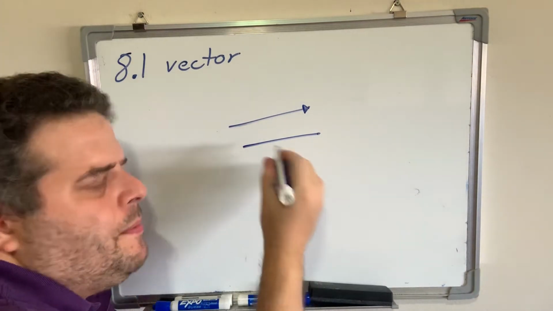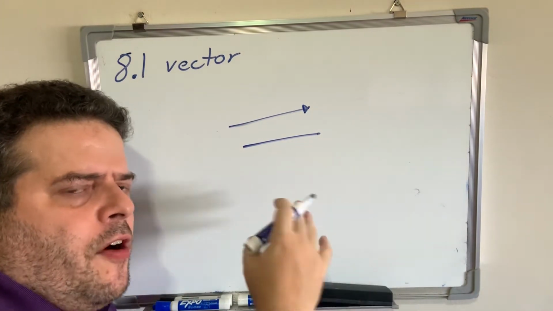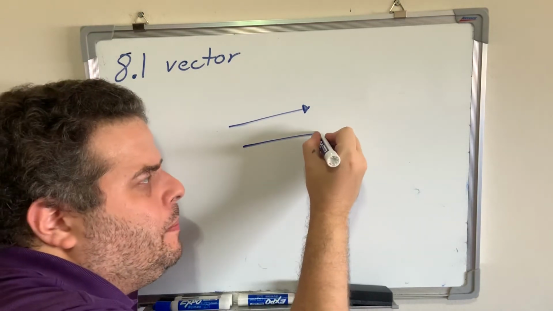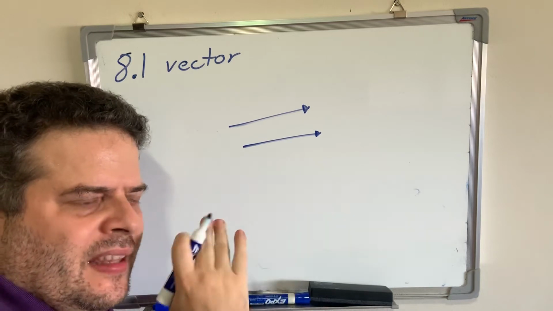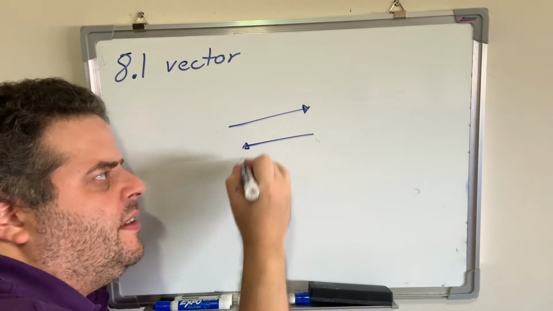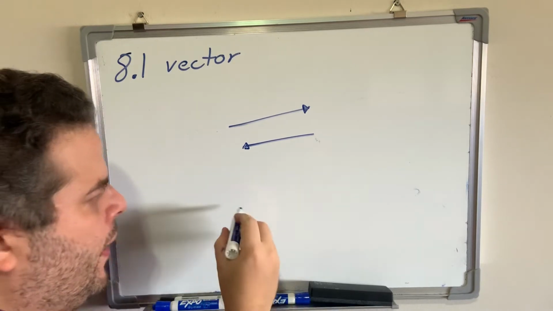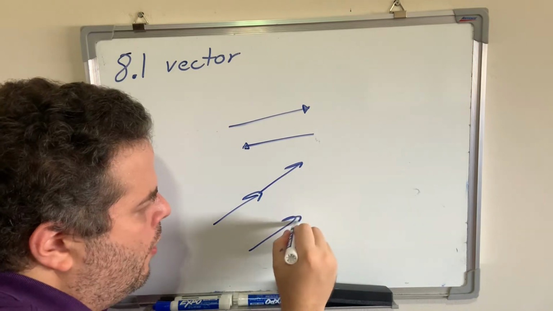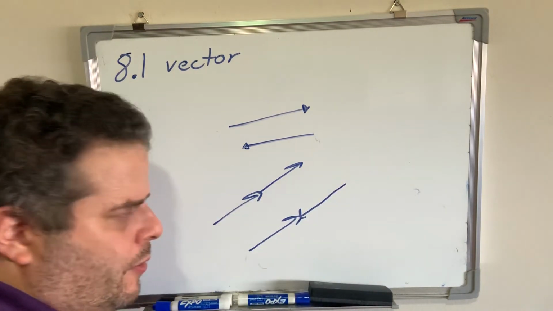So having the same slope means, as far as vectors go, they have either exactly the same direction, or the exact opposite direction. So they are going either at exactly the same direction or at exactly opposite directions.